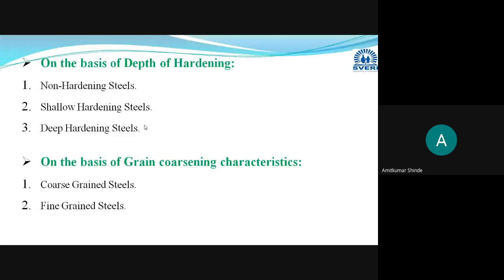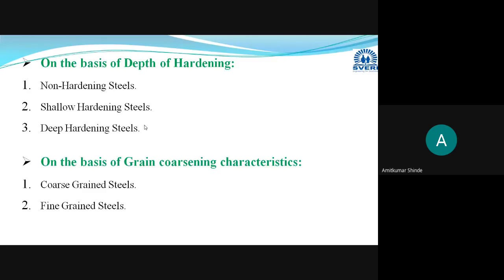As in the low carbon steel, we have seen that other alloying elements are completely absent and carbon is also present in a low amount. That's why that will be termed as non-hardening steel. Means it is very difficult to do the hardening of that kind of steels. Then the medium carbon steels are termed as shallow hardening steels, because the carbon percentage is in medium amount and other alloying elements are absent here.